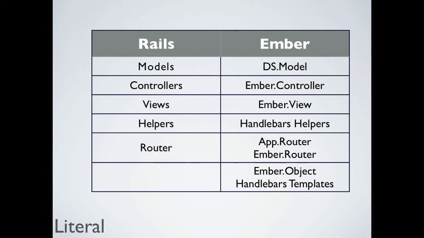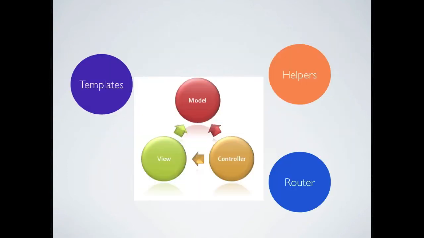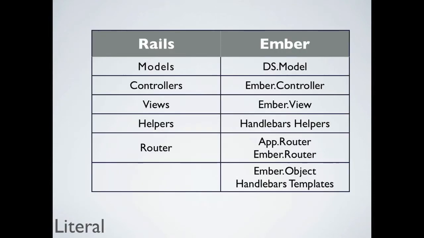But there are a few things that bothered me. First, I thought, this isn't MVC. There are other things. This is MVC-THR, which is not what I was sold at all. And then, not only were there two types of classes in Ember that Rails didn't have, but some of them didn't make much sense, the way they were being matched up.